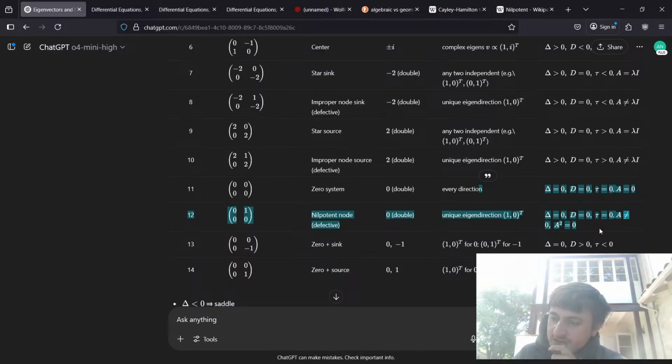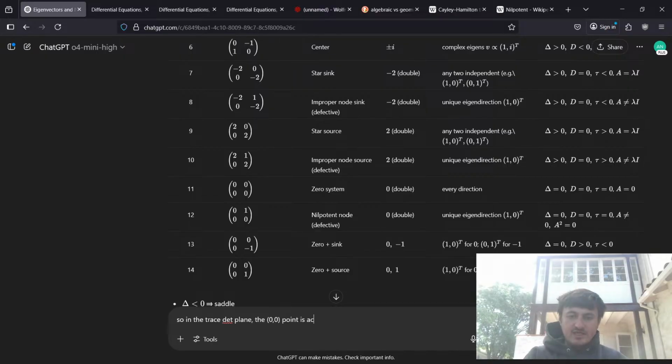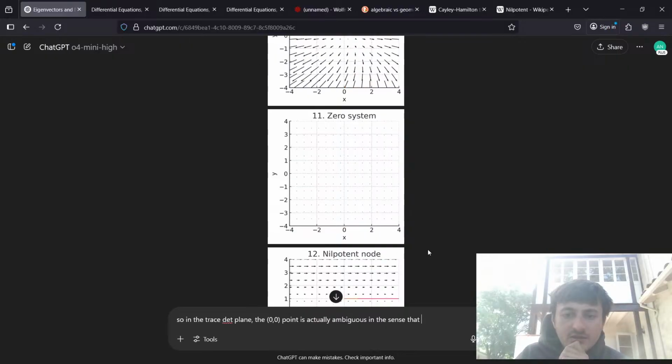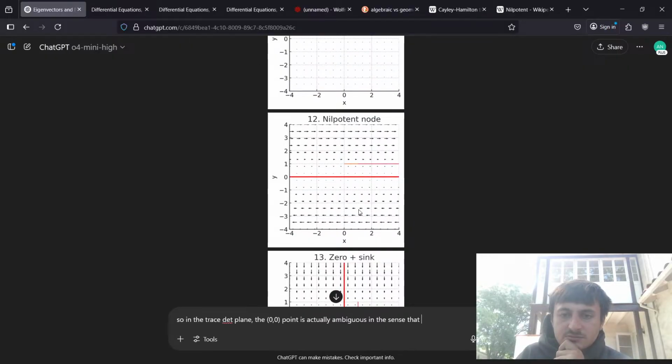So interestingly, in the trace-det plane, the 0, 0 point is actually ambiguous. So wait, what does a nilpotent node look like? That's this one. We have a line of equilibrium points.